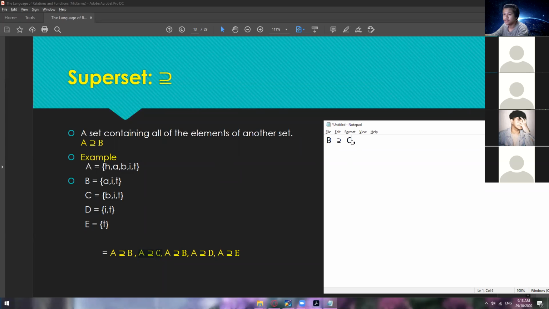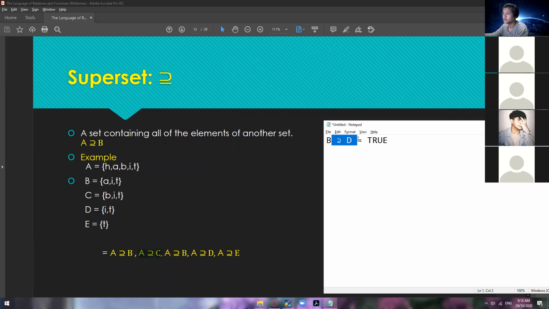Gawin natin tong B and then B. So, is B the superset of set D? Is this true or false? True, sir. So this one is true. So I think mas madalian na kayo dito since mas madali naman siyang intindihin talaga. So B is our superset, D is our subset.